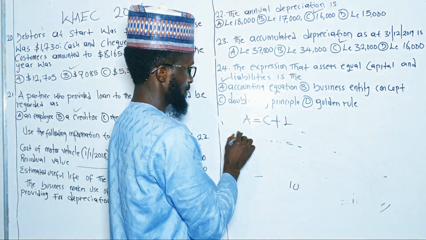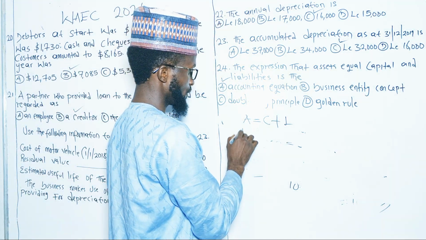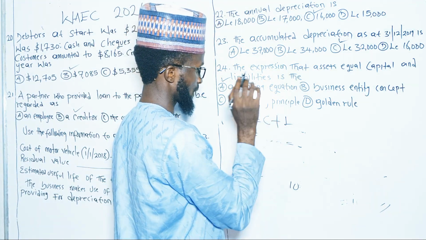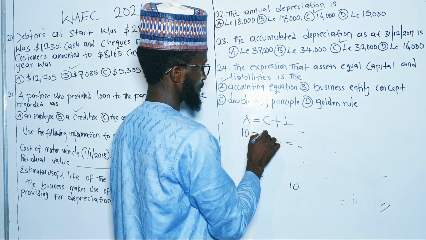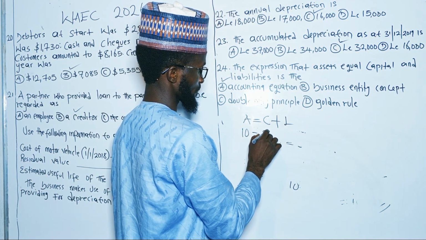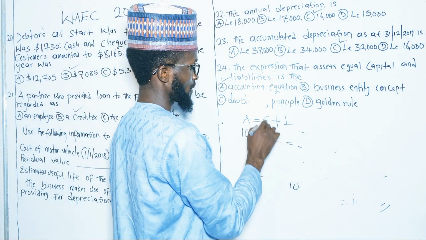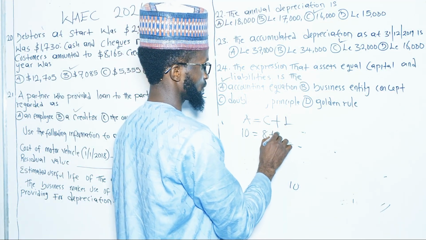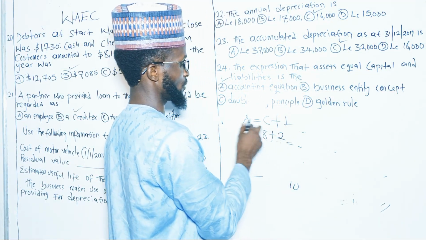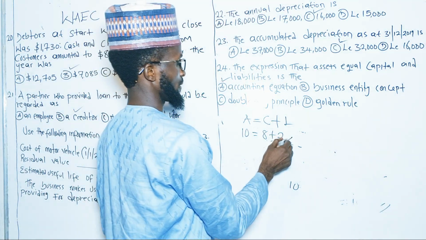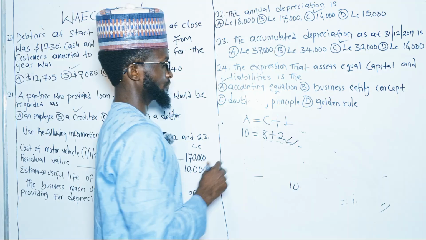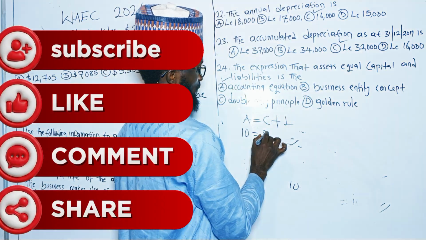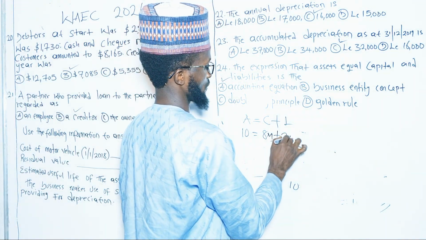Let's say you have an asset of 10 million, it's equivalent to capital, let's say capital of 8 million, plus liability, let's say of 2 million. That is what made up this asset of 10 million. Let's say 8 million plus 2 million.